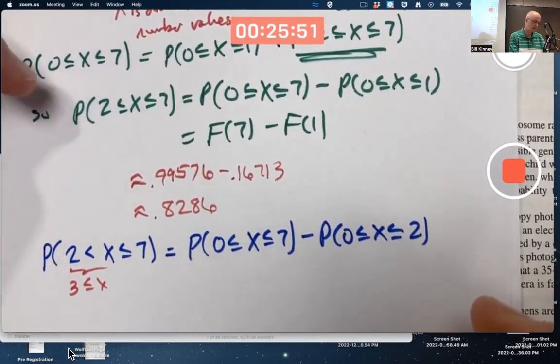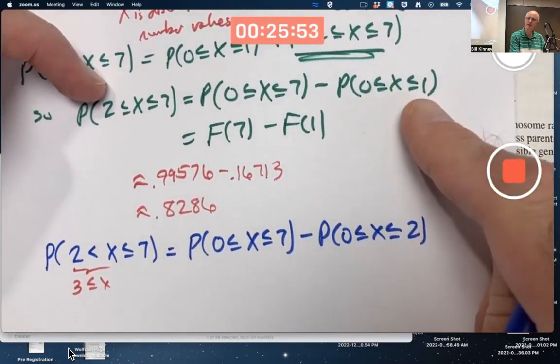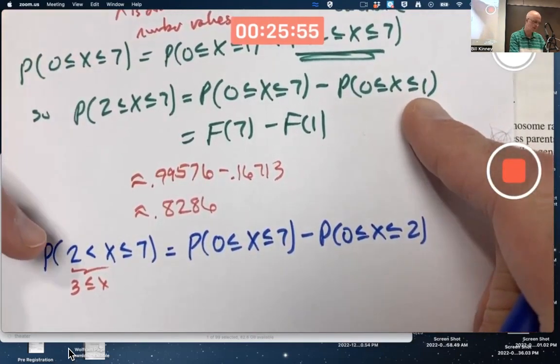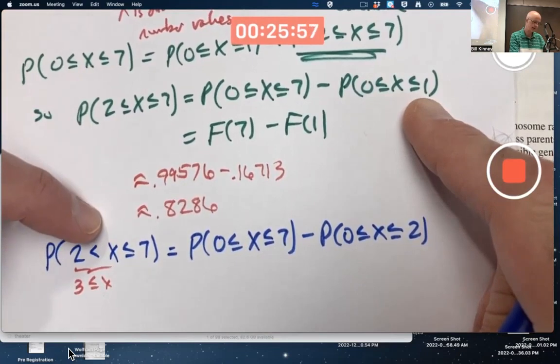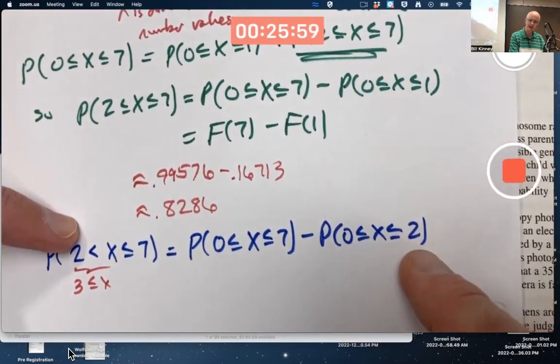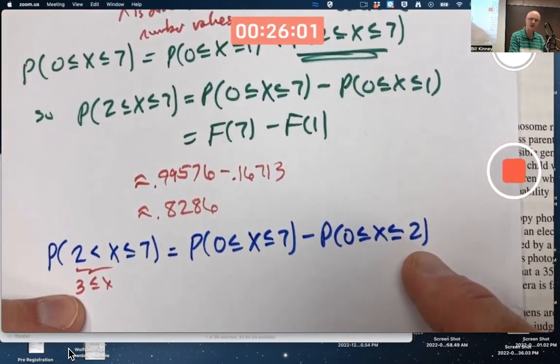Whereas up here, the 2 changed to a 1, so to speak. Down here, because it's a strict less than, this 2 stays a 2, because it's the same as it being a 3 changing to a 2.